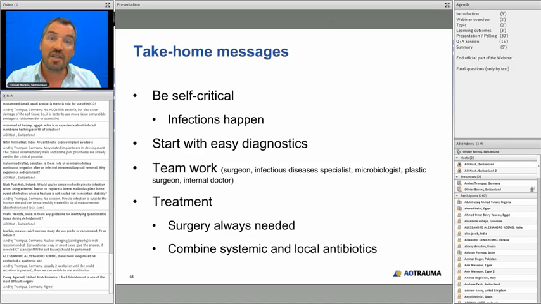Infection treatment is always a team effort between surgeon, ID specialist, microbiologist, plastic surgeon, and often we need an internal doctor as well, especially in diabetic patients, for instance. And surgery is always needed. You cannot get rid of an infection only with antibiotics, and we should combine local and systemic antibiotics if possible in order to have a good result.